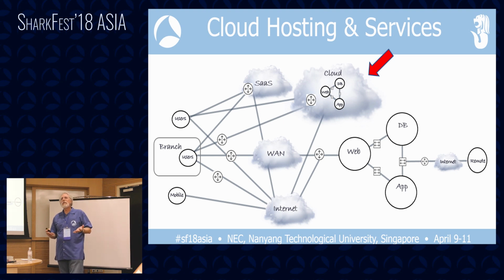We have some IBM folks in the room, so there are some great cloud services from IBM. Yeah, Bluemix, some others. There are many out there. As we're trying to support the business and support applications, we have to be prepared to deal with all of them and at least know about them, and know that the applications we're supporting may have application tiers running either in SaaS or cloud.